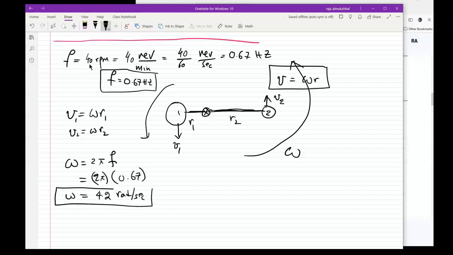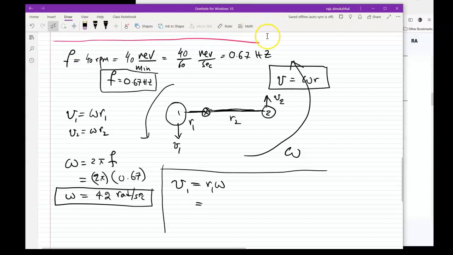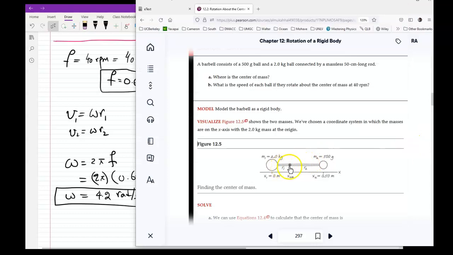And now V1 is equal to R1 omega. R1 is given in the problem; we got it from the location of the center of mass. From 0 to 0.5, and the location of the center of mass is 0.1, so R2 would be what? 0.4, right?